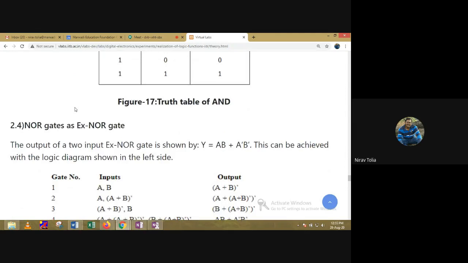Now the next one is NOR gate as an exclusive NOR gate.